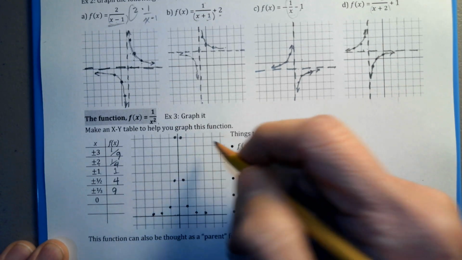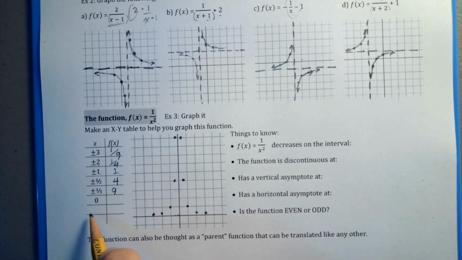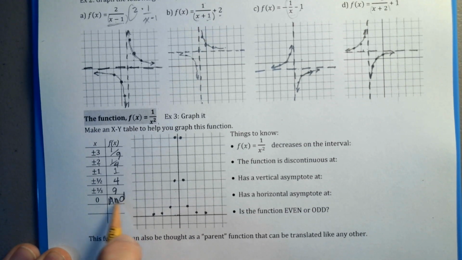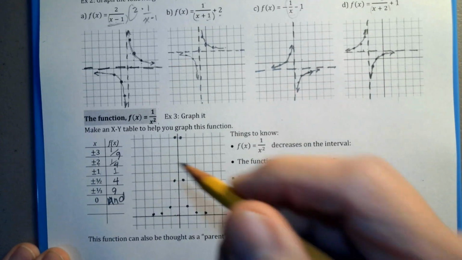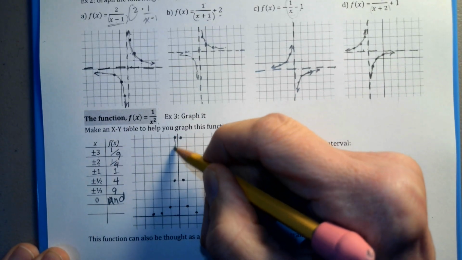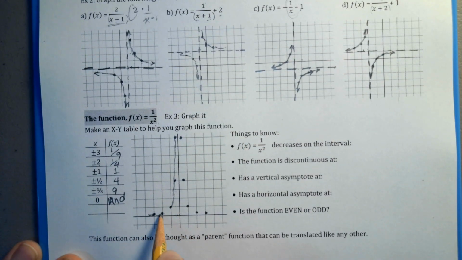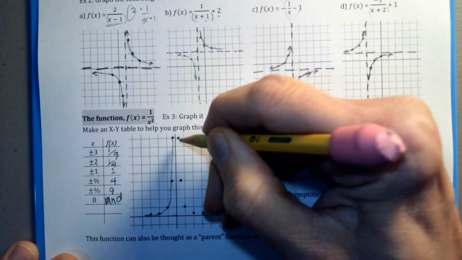So you can see you can't put a 0 in. If I put a 0 in, it's undefined at 0. And you can see that has an asymptotic effect on it as well. And as you can see, we also have an asymptote here at x equals 0.